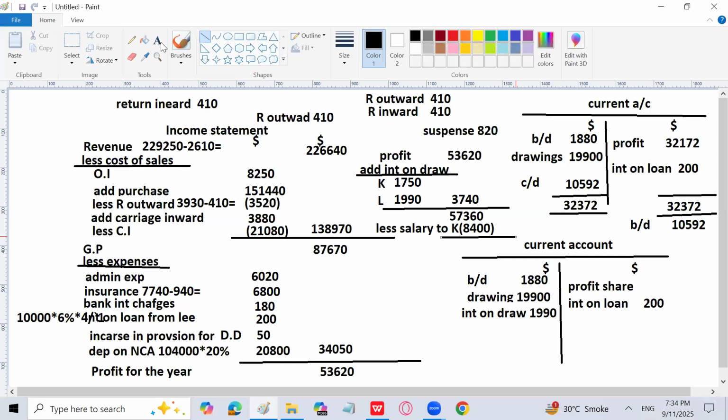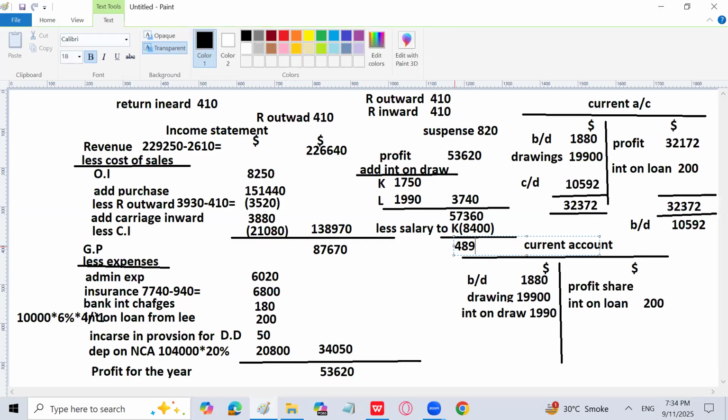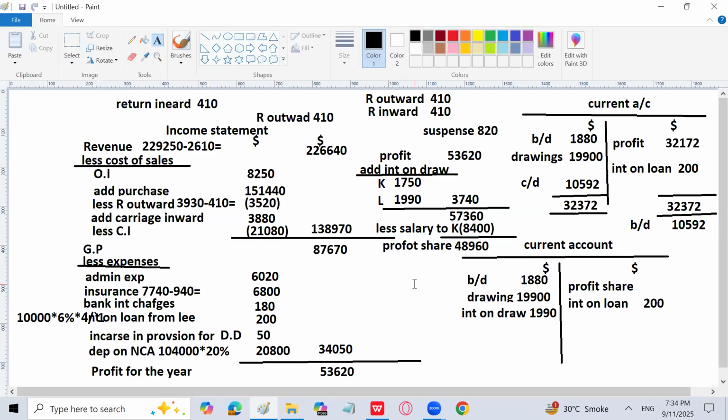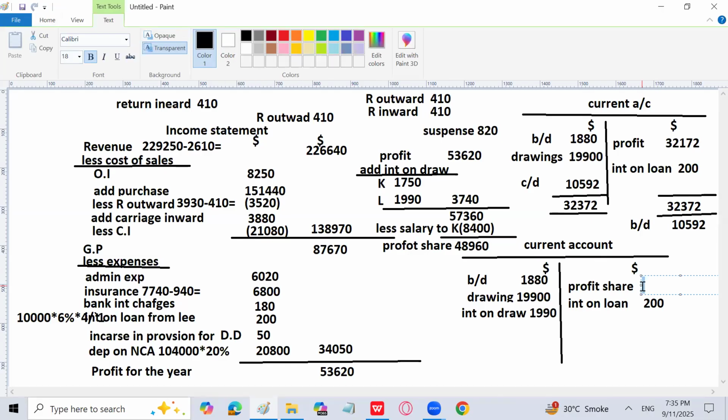This 48960 is the profit to be shared between the partners, and the ratio between them is 2:3. So 3/5 of 48960 is 29376, the profit share of Lee, which will be written on the credit side of his current account.